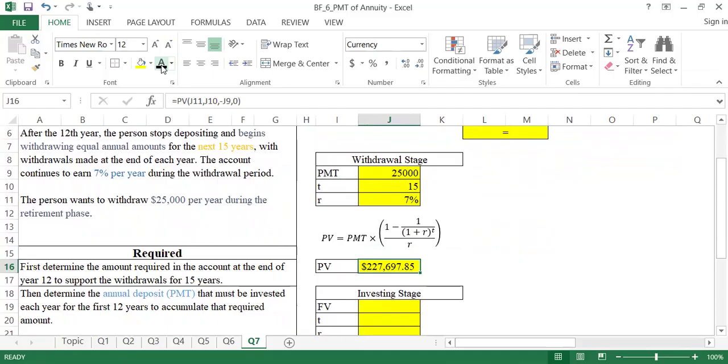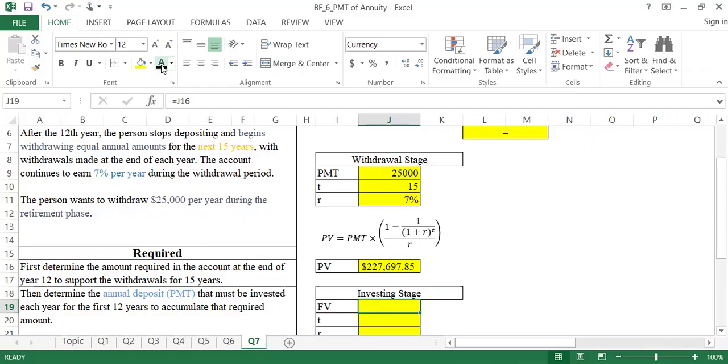If he's withdrawing 25,000 for 15 years, at the start of the withdrawal stage, he should have 227,697. That amount came from the investing stage.